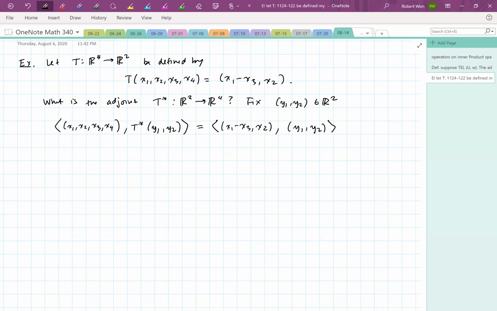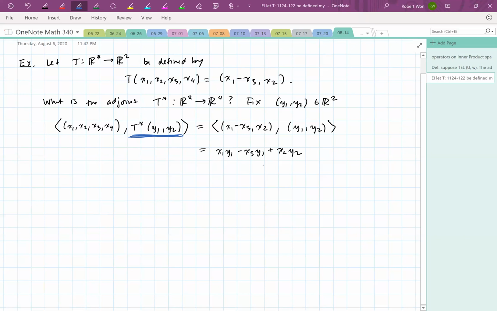Okay, but this inner product, again, is just the standard dot product on R2. So this thing becomes x1 y1 minus x3 y1 plus x2 y2. All I've done is the dot product. Now we're trying to figure out what is T star of y1, y2? Well, it's just the thing that when you take the dot product with x1, x2, x3, x4, gives you the required result.